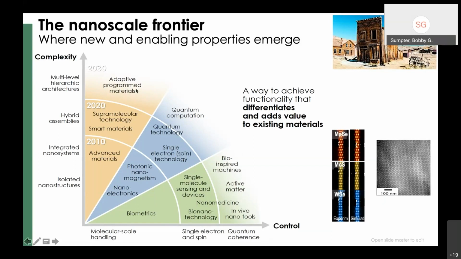So that was the beginning of the vision for nanoscience and nanotechnology. And we made a lot of progress along each of these vectors, towards nanomedicine, towards programmable materials, and also I'll talk a little bit about quantum technology, which is another transformative advance that I think will come around probably in your lifetime, for sure.